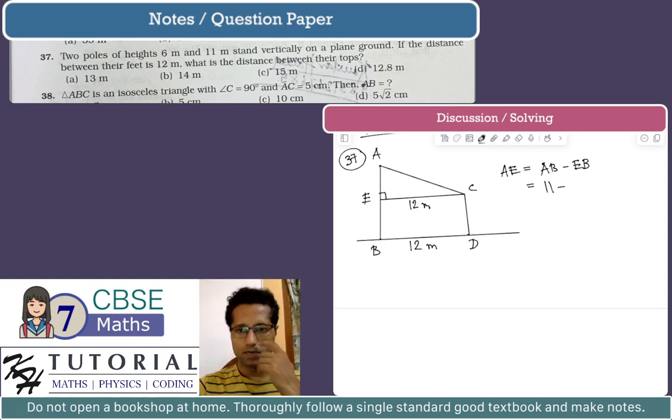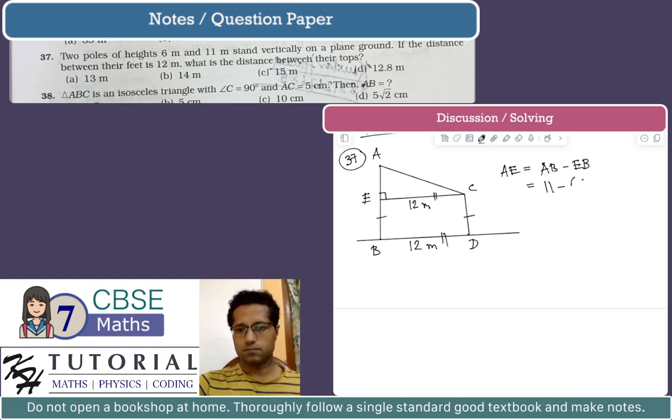EB is, you can see that EBDC is a rectangle. So therefore EB will be equal to CD. So EB is equal to CD, which is equal to 6.